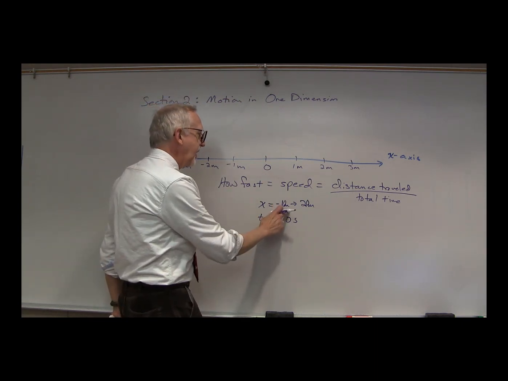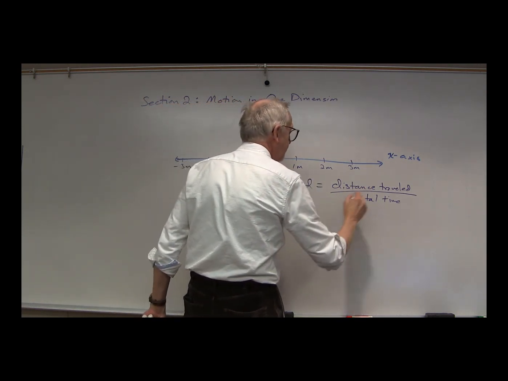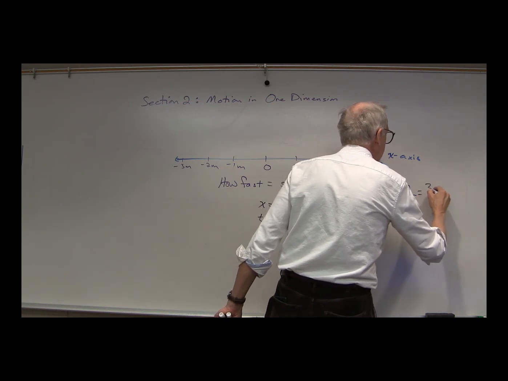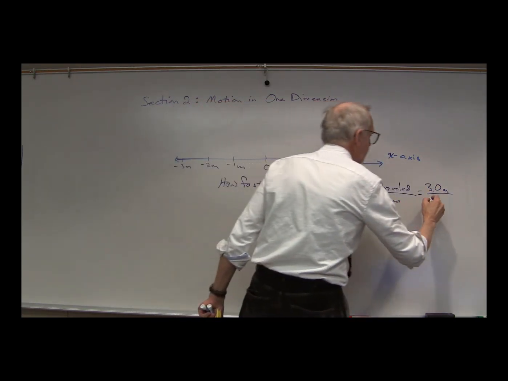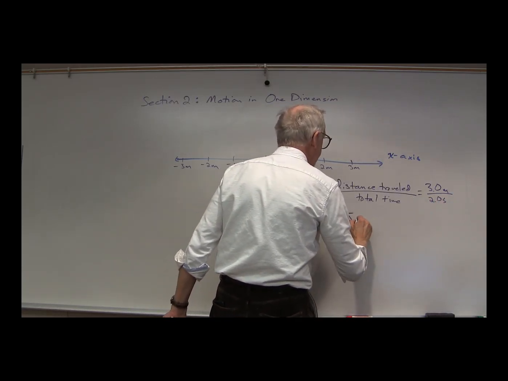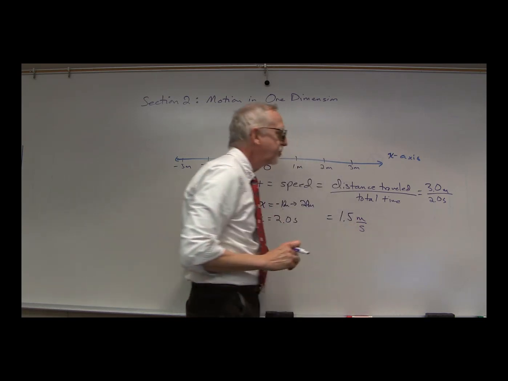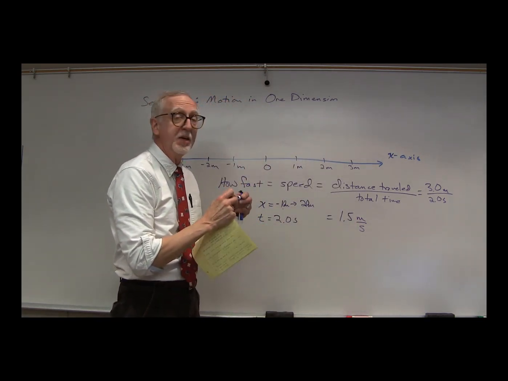Well, we've got a distance from -1 to 2, that would be 3 meters. So this would be 3 meters over a time of 2 seconds. This gives us a speed of 1.5 meters per second. So the units that we find for speed are meters per second.